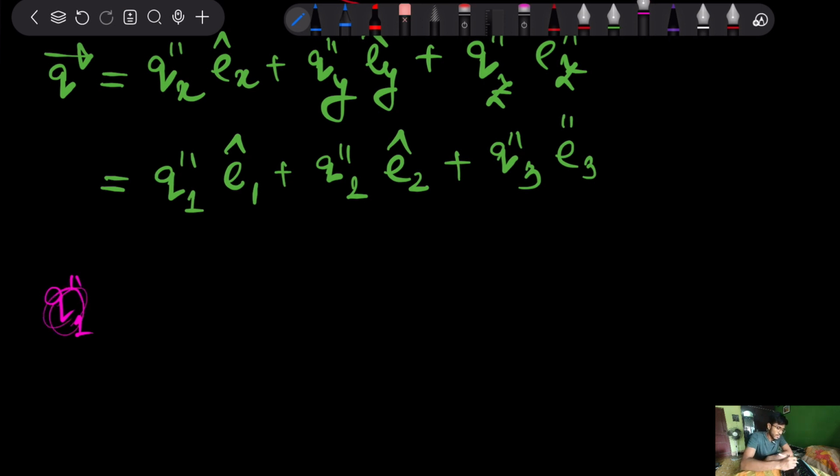So let me write the temperature gradient also, then it will be clearer.